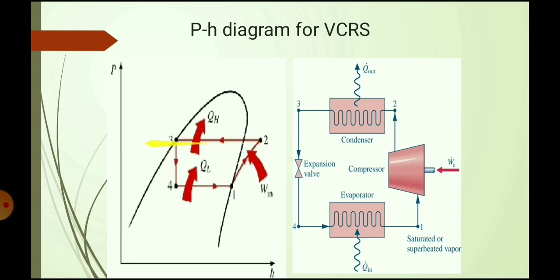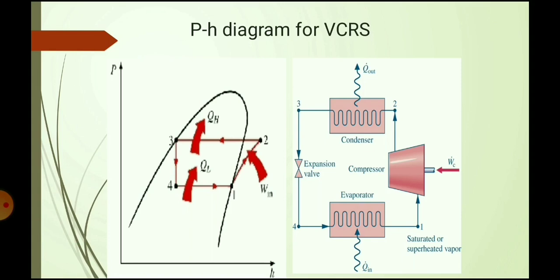This line is the high pressure line, which is the condenser pressure, already explained. And this is the low pressure line, which is the evaporator pressure, already explained. Clear?